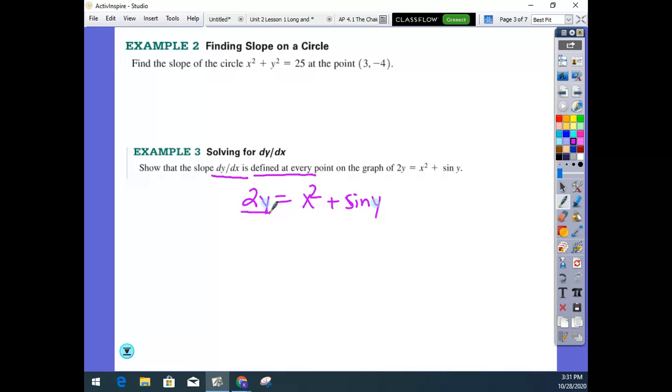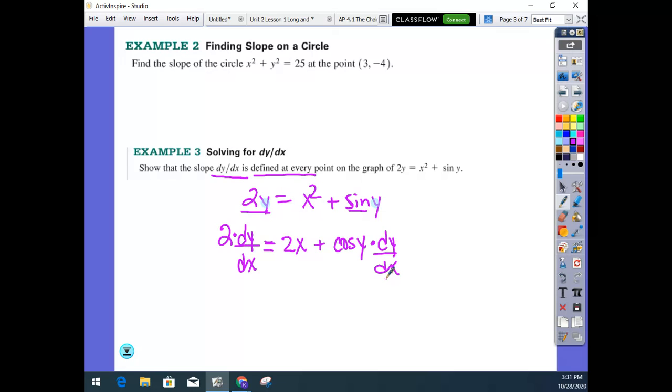The derivative of 2y is 2 times the derivative of y is dy dx equals the derivative of x squared is 2x. The derivative of sine is cosine. Chain on, the derivative of y is dy dx.